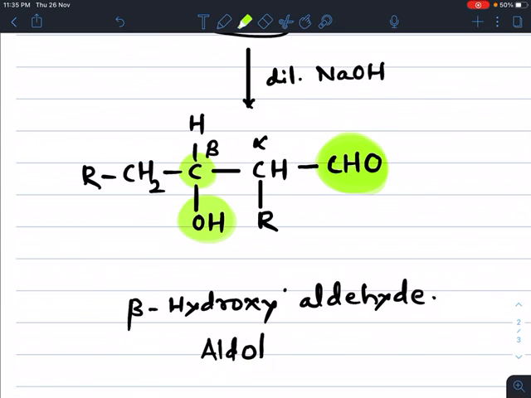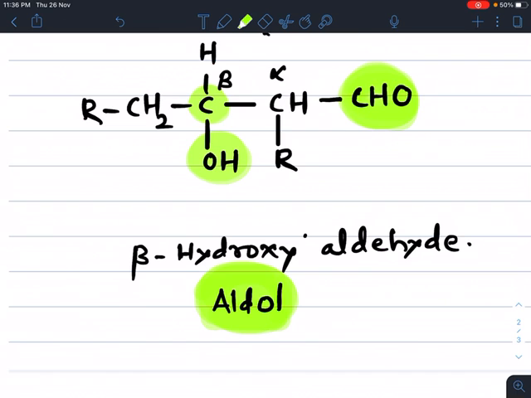So this compound is called an aldol compound, because it contains two functional groups, one aldehyde and the other alcohol. The name given to this compound is aldol compound, or it is also called beta hydroxyaldehyde.